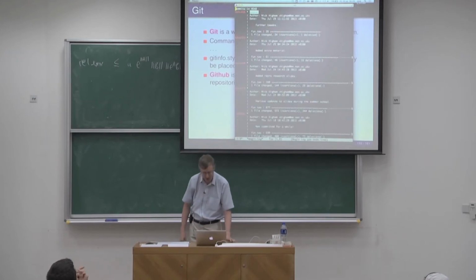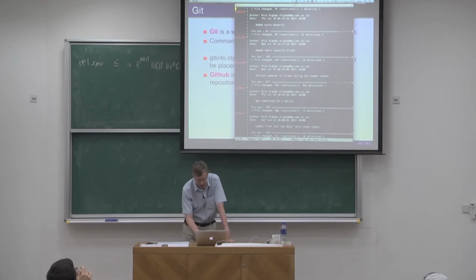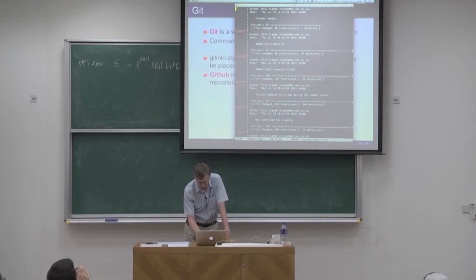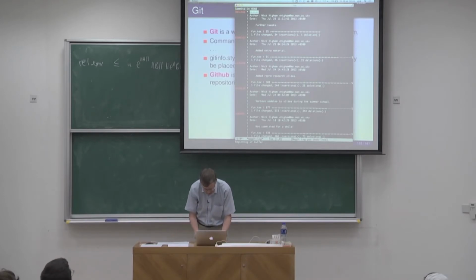And there's a slightly more detailed version there. There's only one file here, so it's a very simple setup. It tells you how many insertions and deletions were done each time. But I can go back to any of those earlier versions and pull them out and look at them again. So that's something I would recommend having a serious think about.